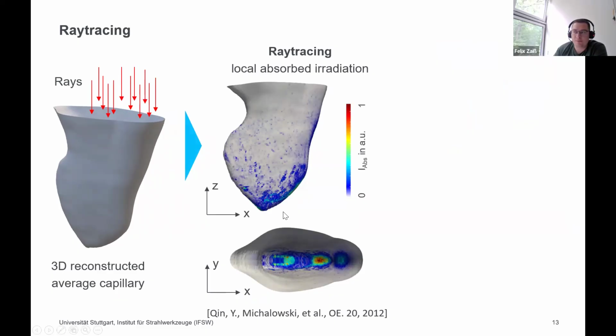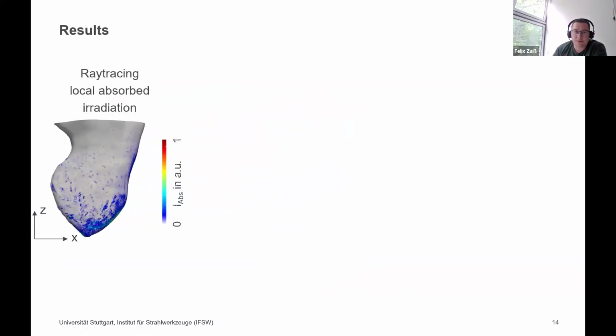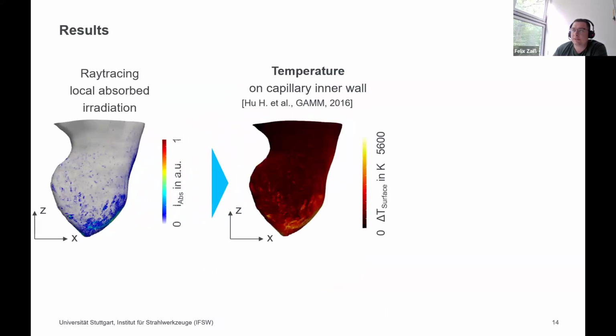So we used the ray tracer from our Professor Michalowski, which was here as a PhD student already. And we can then determine the absorbed irradiance on the inner wall of the capillary. And with this information, we can then process it to calculate the temperature on the capillary inner wall.